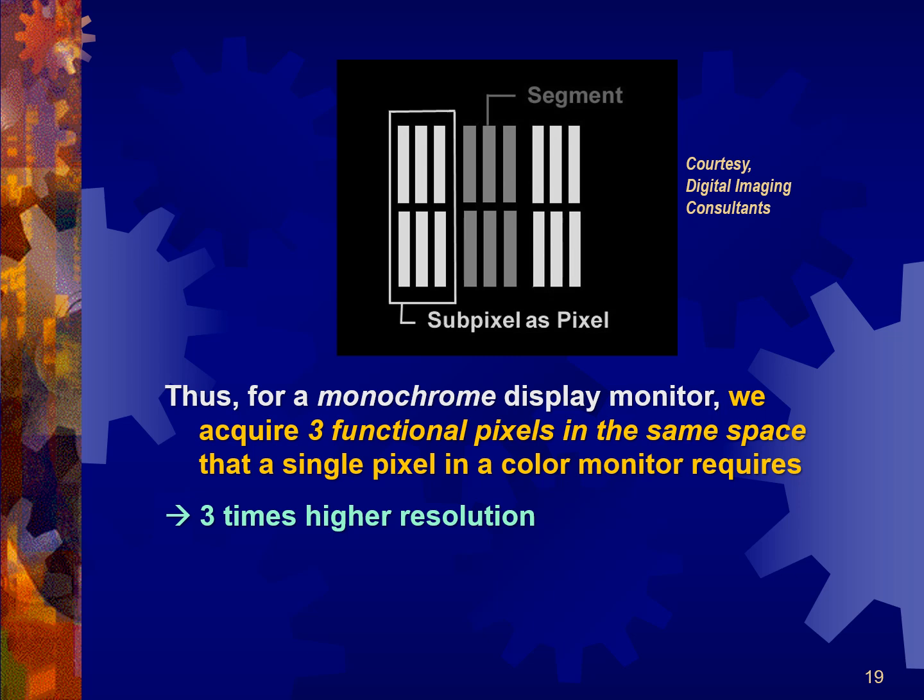For a monochrome display monitor, or one that is broadcasting a monochrome signal, we acquire 3 functional pixels in the same physical place on the monitor for a single color pixel. So that means, again, when you're viewing black and white images on a color monitor, the software takes advantage of that and you get a native resolution that is 3 times the color resolution.